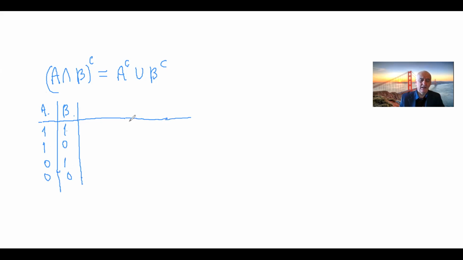Okay, and here now I will write down all possible sets that we need. And we need to find what happens with set A intersection B, the intersection of sets A and B. Then what happens with the complement?